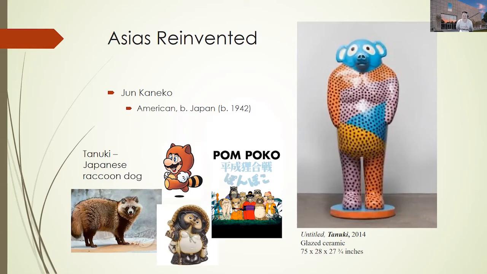What a tanuki is, it's a Japanese raccoon dog. It's a real animal. You can see it on the bottom left, but it is also a mythical version of the raccoon dog, which has shown up a lot in Japanese folklore and is also considered a shapeshifter, known for its shape-shifting cunningness in traditional Japanese folklore.